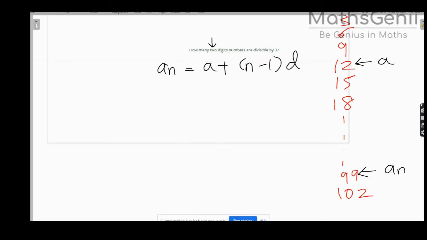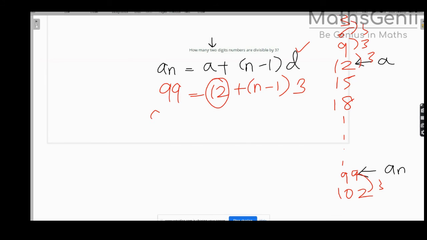In part 1, we have done a lot of questions from AP. Okay, what is A n? 99. What is A? 12. Plus n, I don't know. D is the difference. So in the 3 table, difference will be 3 only, no? 3, 3, 3. Wherever you go, 3. So difference will be 3. So now when I shift plus 12 to that side it becomes minus 12.